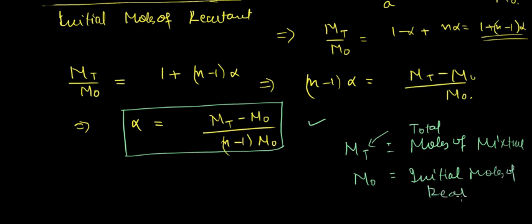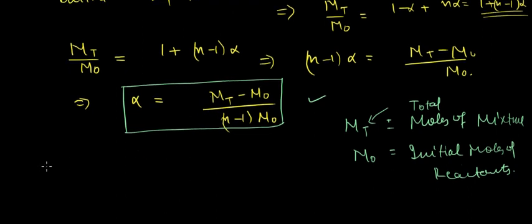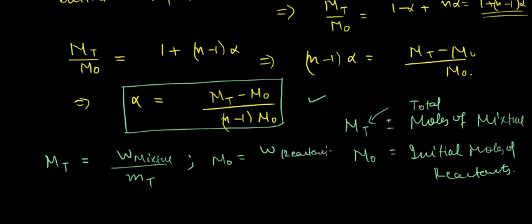We can further write MT as the weight of the mixture at equilibrium divided by the molar mass of the total mixture, and I can write MO as the initial weight of reactant divided by the molar mass of reactant. I'm writing that as small mo.